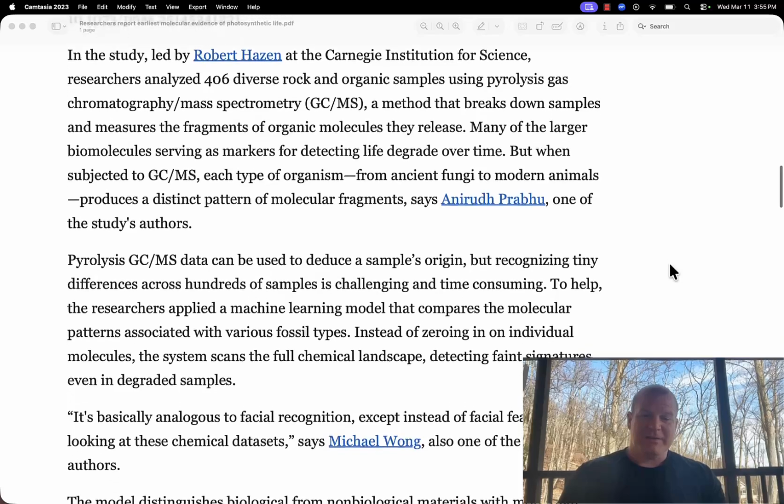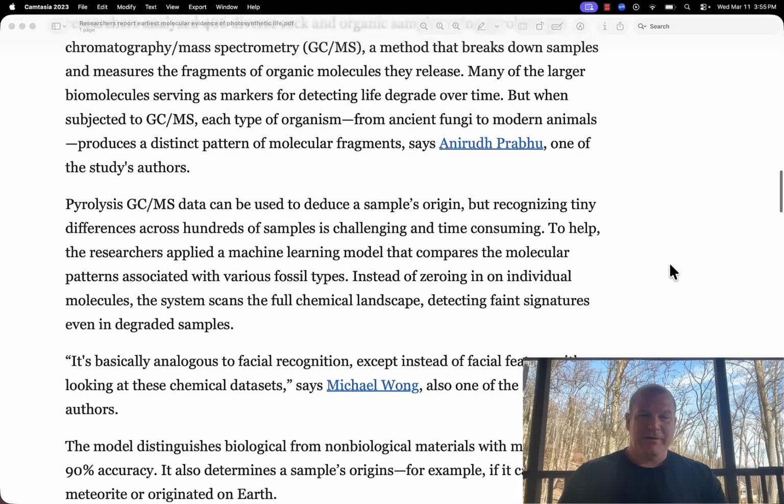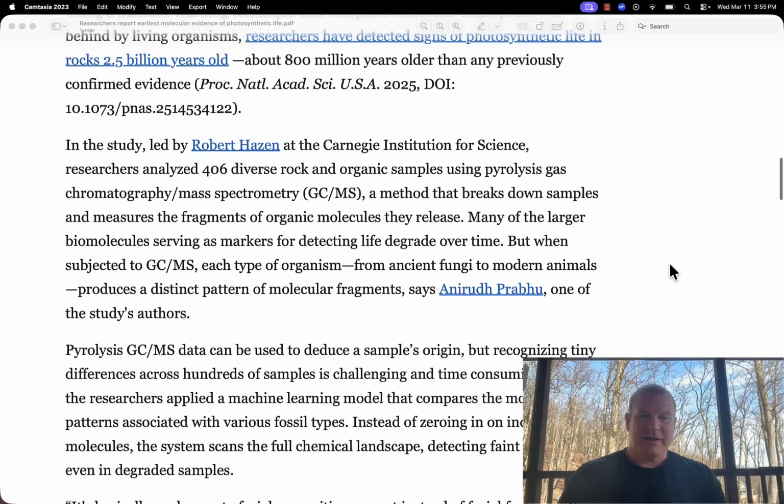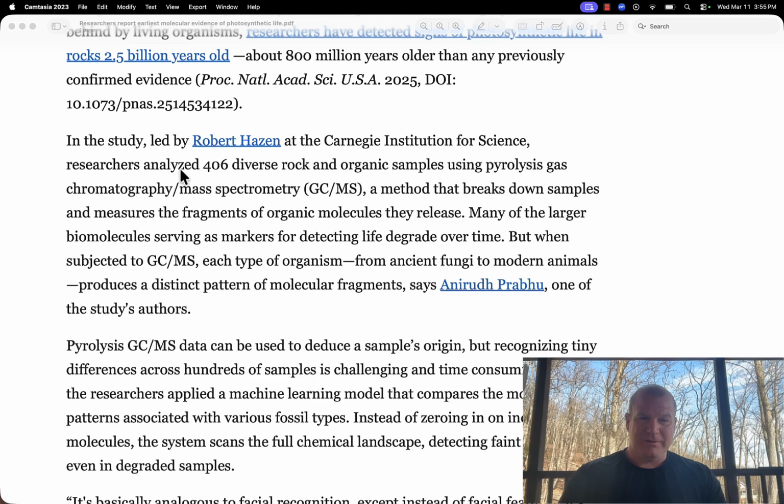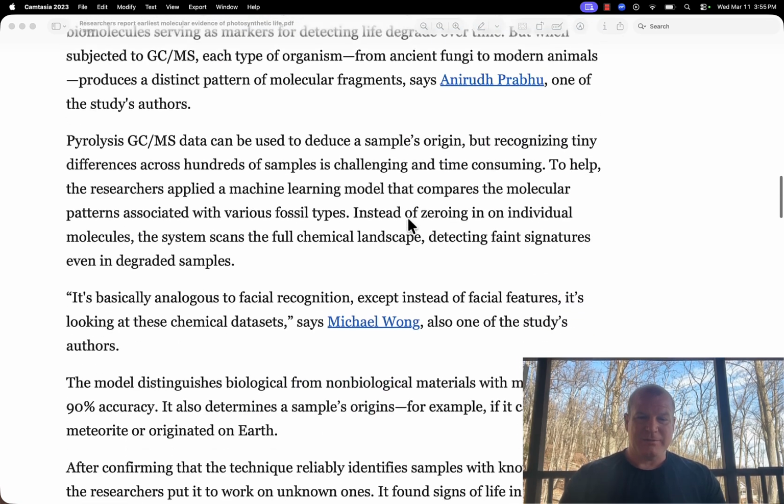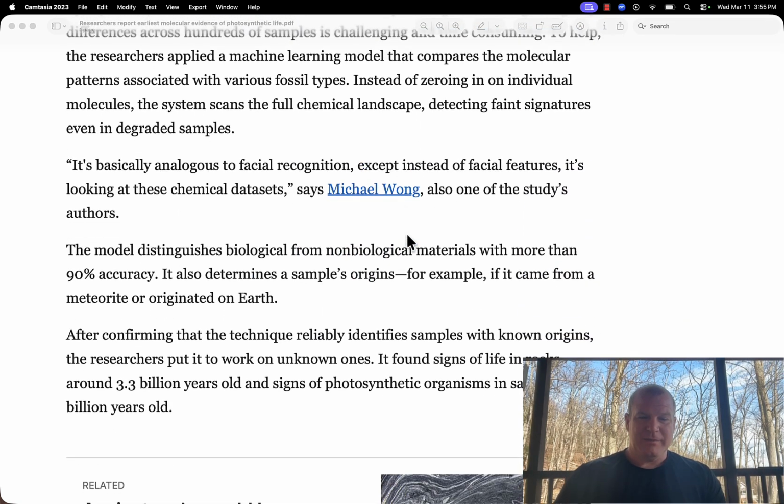But okay, what the mass spec found out, looking at 406 diverse rock samples, was life in rocks that were 3.3 billion years old, and signs of photosynthetic organisms beginning at 2.5 billion years old.